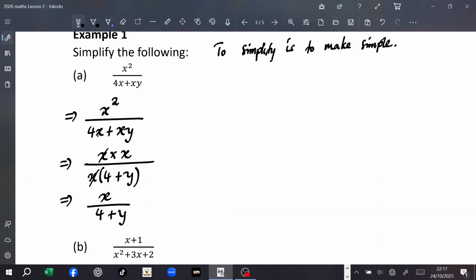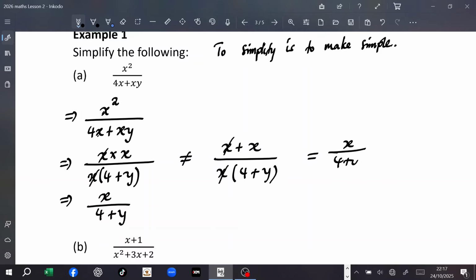But don't make a mistake. This is not similar to if I say x plus x over the same one, 4 plus y, then you cancel and say the answer is x over 4 plus y.